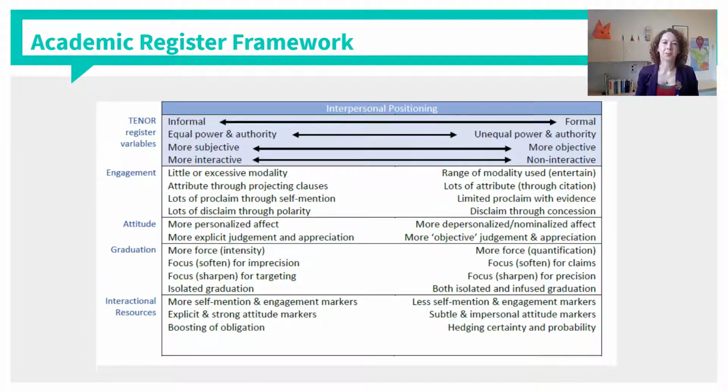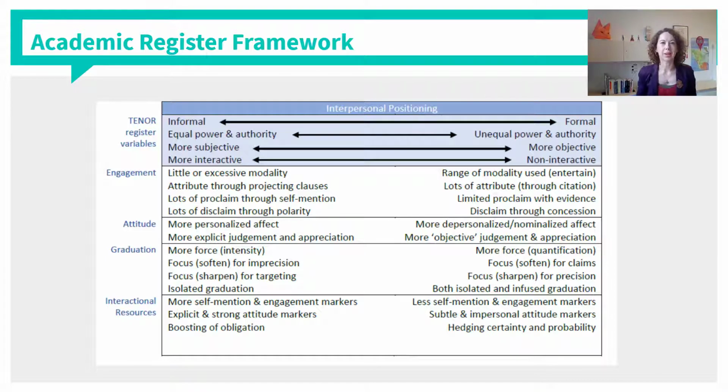For interpersonal positioning or tenor, this is a good example of how the framework let us be modular. There were a lot of variables that were relevant, and in our first year, only that bottom line was present with interactional resources from Hyland's work in EAP. But in my second year, I added and taught my students about appraisal, but I still had students who'd learnt only the interactional resources.